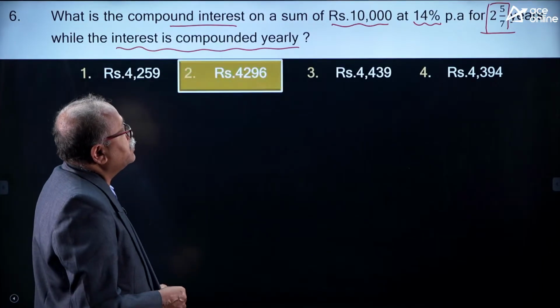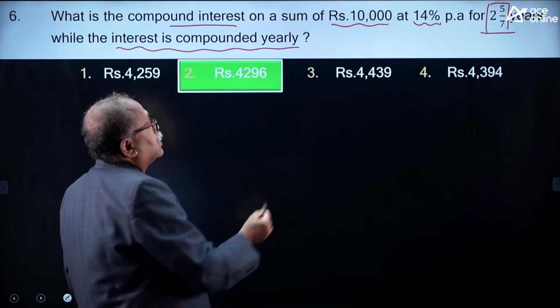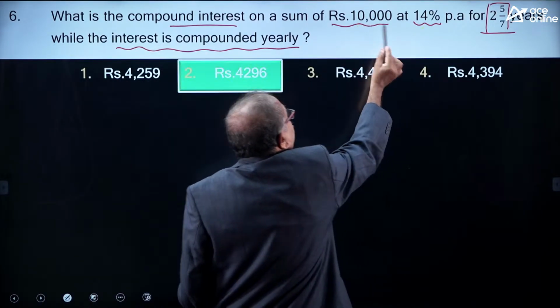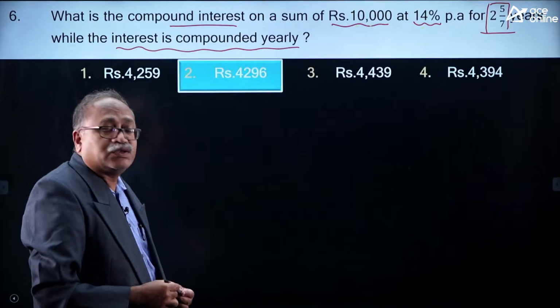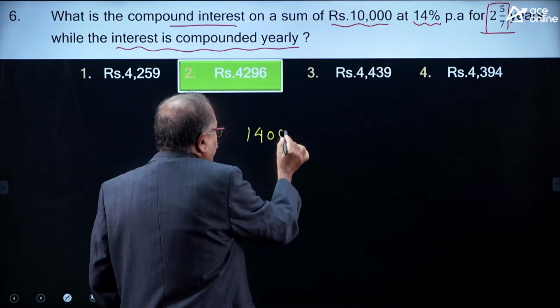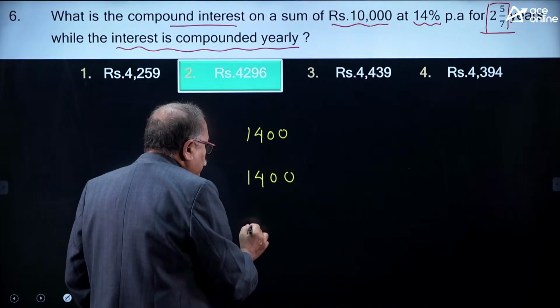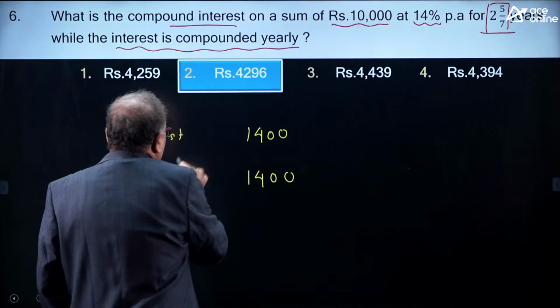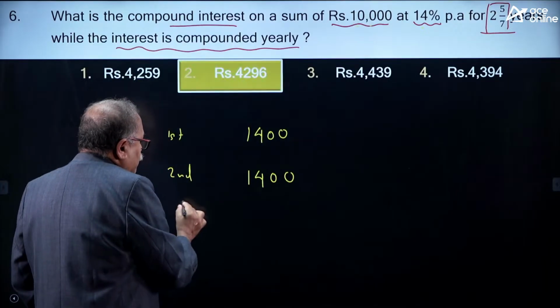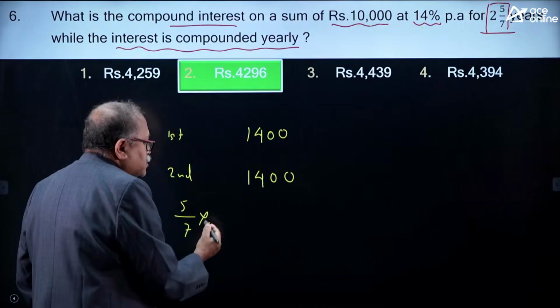What you understood is on 10,000, 1400 for 2 years. As this is a round figure, 14% is nothing but 1400 as the interest. So for first year 1400, for second year 1400, and here I need to take for 5/7 years.